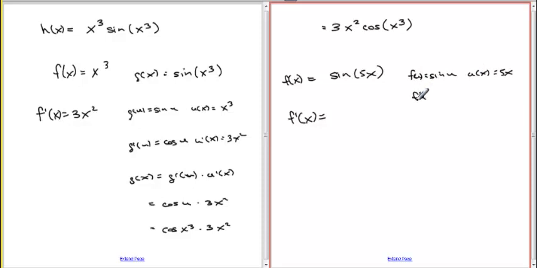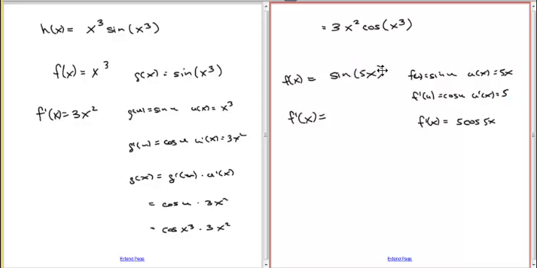Then f prime of u is cosine of u, and u prime of x is 5. So using the chain rule, f prime of x would be 5 times the cosine of u, but u is 5x. So you get 5 cosine of 5x.